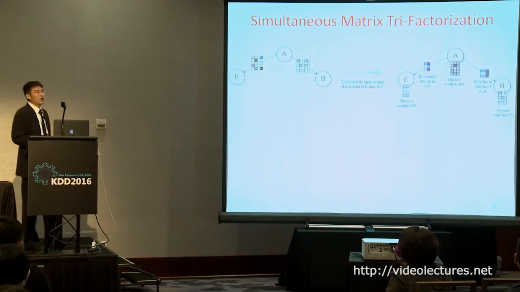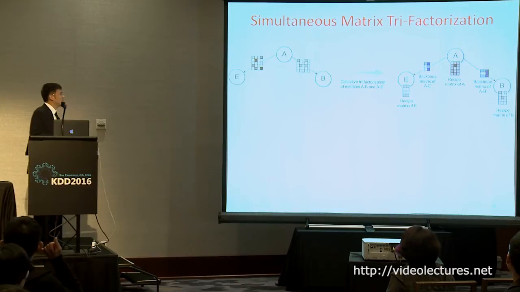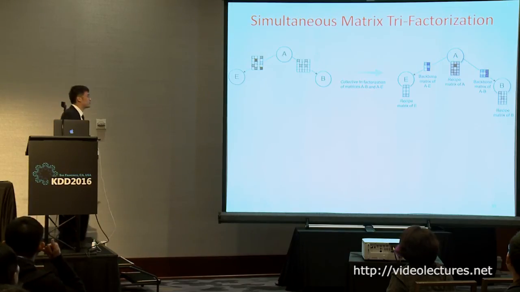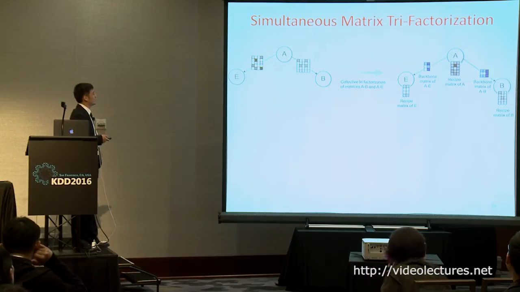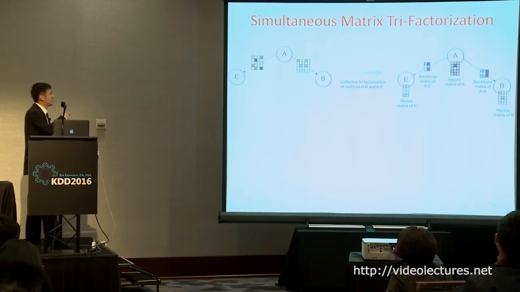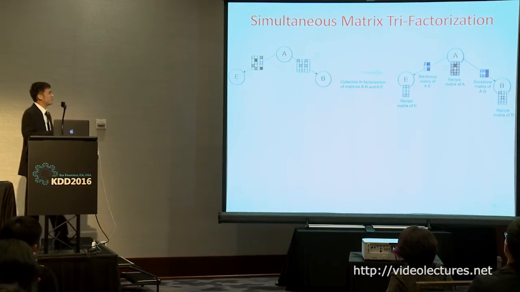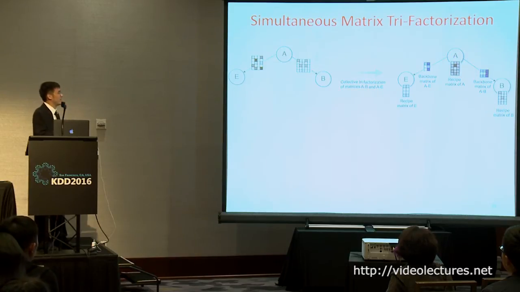And right now, more and more papers are about matrix tri-factorization, and sometimes they show some common information here. For example, they have two links, AB and AE, and these two links can be factorized into the recipe matrix of E, the recipe matrix of A, the recipe matrix of B, and also the backbone matrices AE and AB.